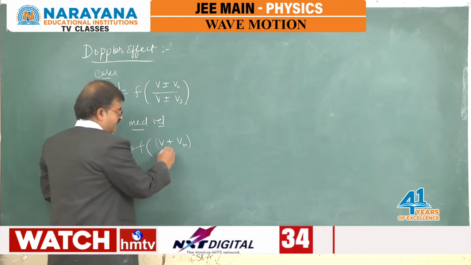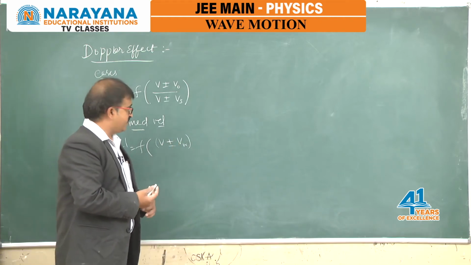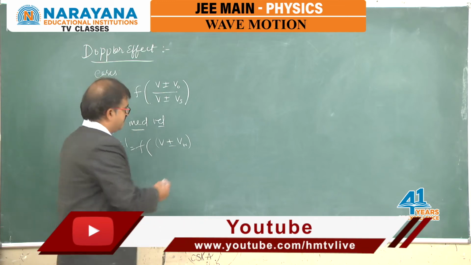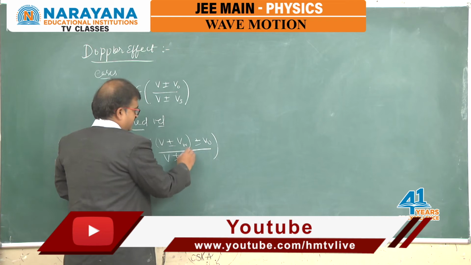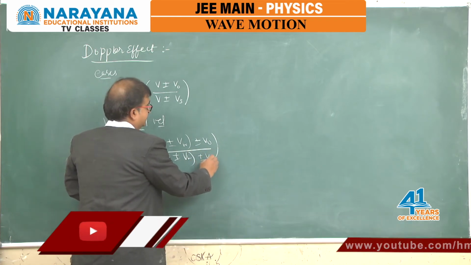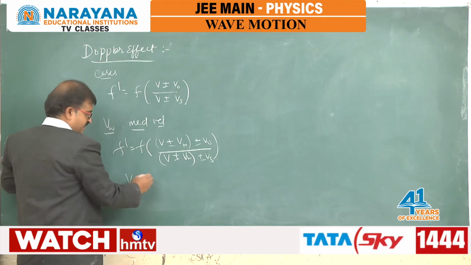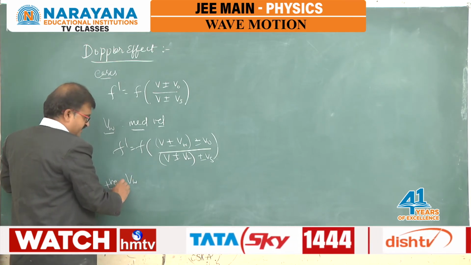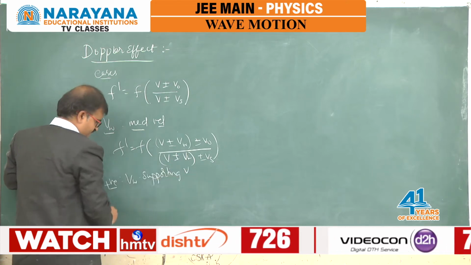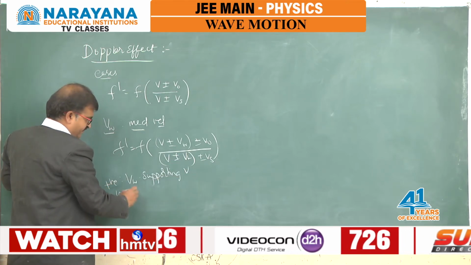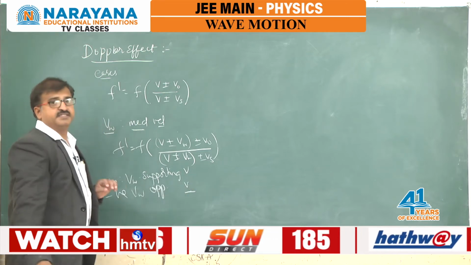That means v ± vw, whether it is supporting or opposing, to find the effective velocity, and then (v ± v₀)/(v ± vw ± vs). Here vw is taken as positive when vw is supporting v, and negative when vw is opposing the velocity of sound.